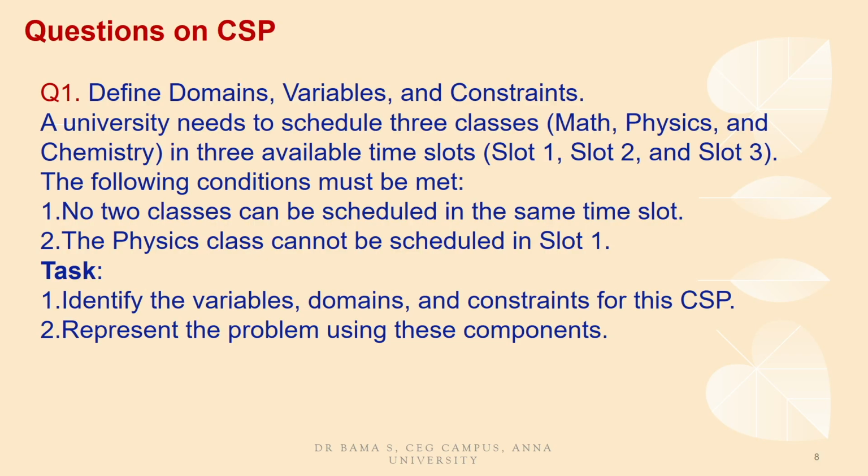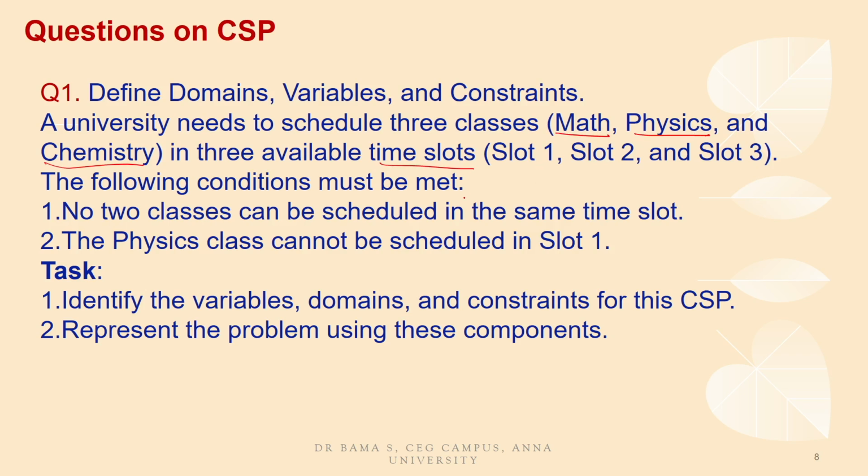Now, in the last class I gave you two questions to work out on CSP. I will take a few minutes to discuss them. Here the question was to define the domain, variables and constraints for this problem. A typical university needs to schedule 3 classes, math, physics and chemistry, in 3 available time slots 1, 2 and 3.